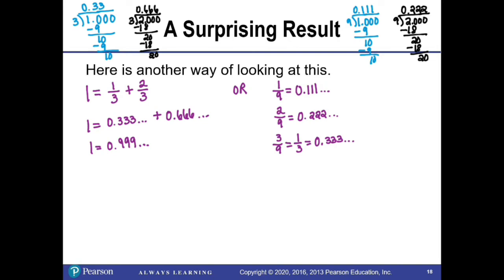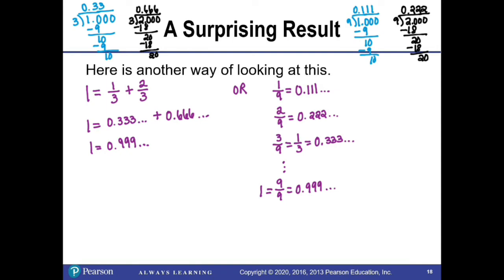Notice the pattern here. So 4/9 would be 0.4 repeating, 5/9 would be 0.5 repeating, and so on until I get to 9/9, which would be 0.9 repeating. And 9/9 is the same thing as 1.